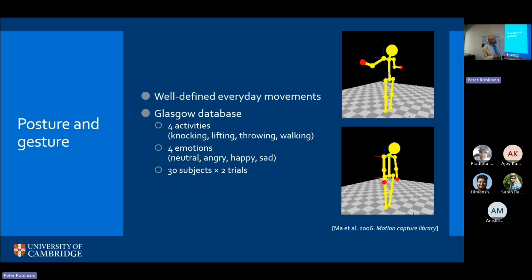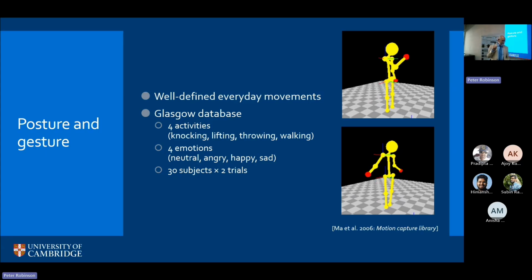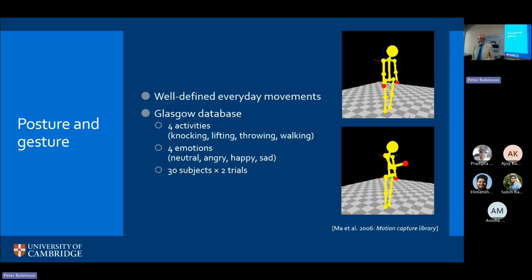And here you see at the top there's somebody knocking, and they're doing it in an angry way. You can see there's a lot of energy in it, and the one at the bottom is knocking, but in a sad way. It's a bit timid. So there is something there, and the question is, can we analyze it?